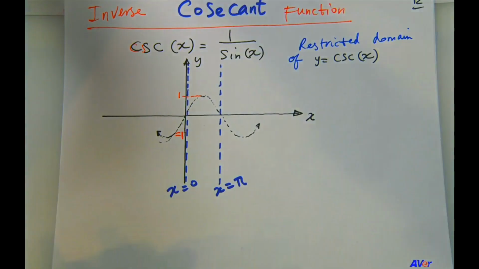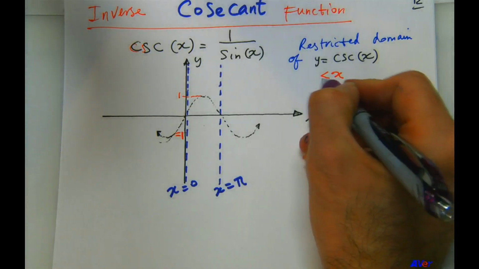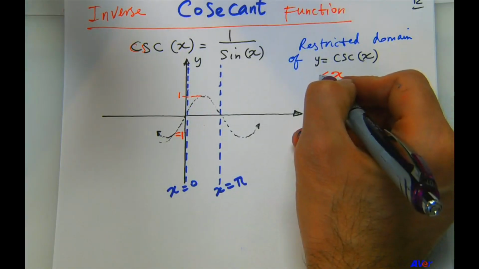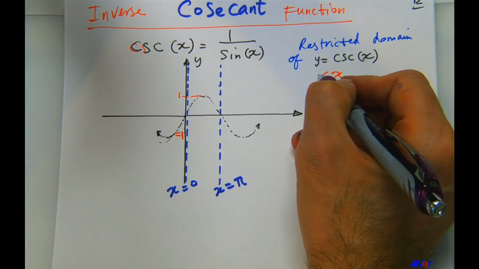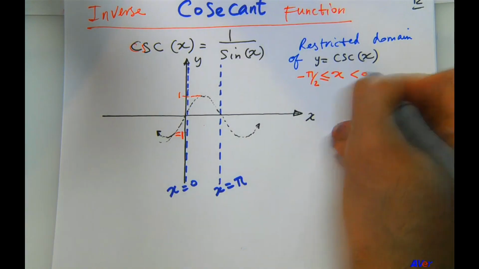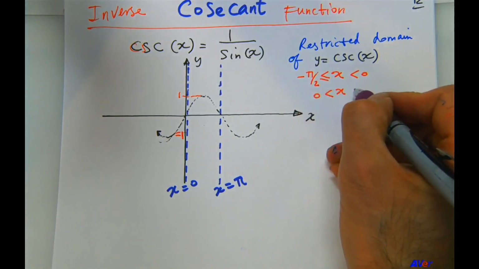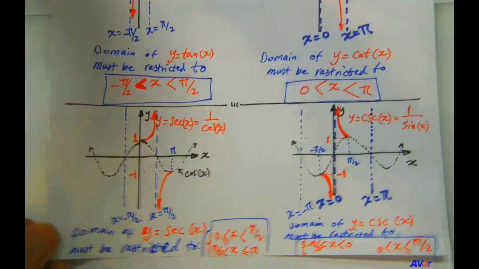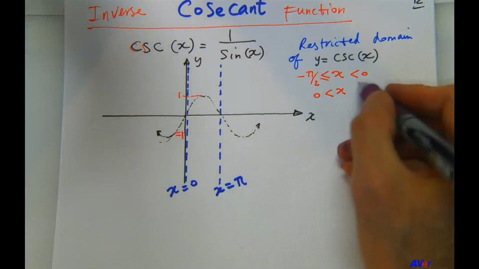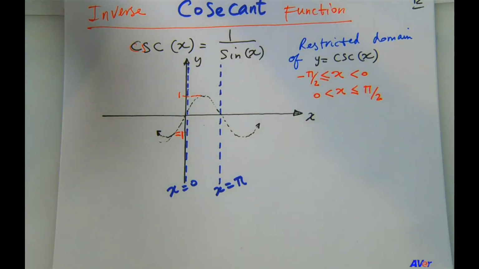It is x greater than or equal to minus pi over 2 to 0, and x is greater than 0 and less than or equal to pi over 2. This is from page 4 that we did earlier. That's what I'm duplicating here. Okay, so that's what we did.